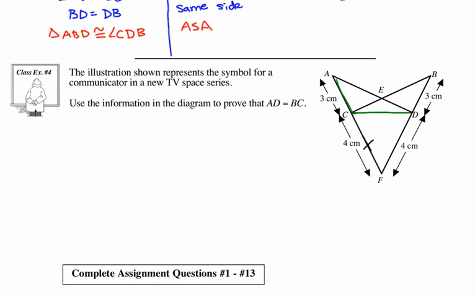Now remember, I need to prove first that this angle equals this angle before we can prove that these two triangles, the green and the red, are congruent. So we want to start here, because then we can say angle BDC equals angle ACD. So where's our statement and our reason?